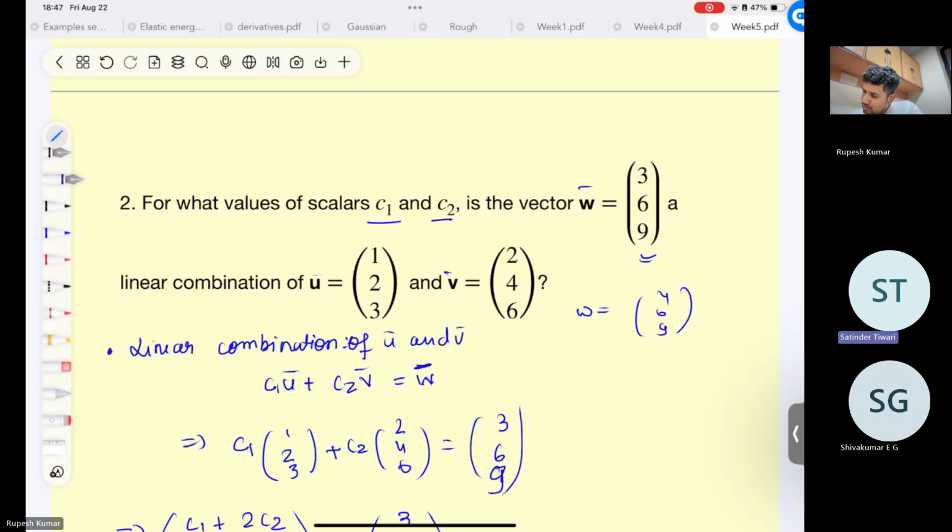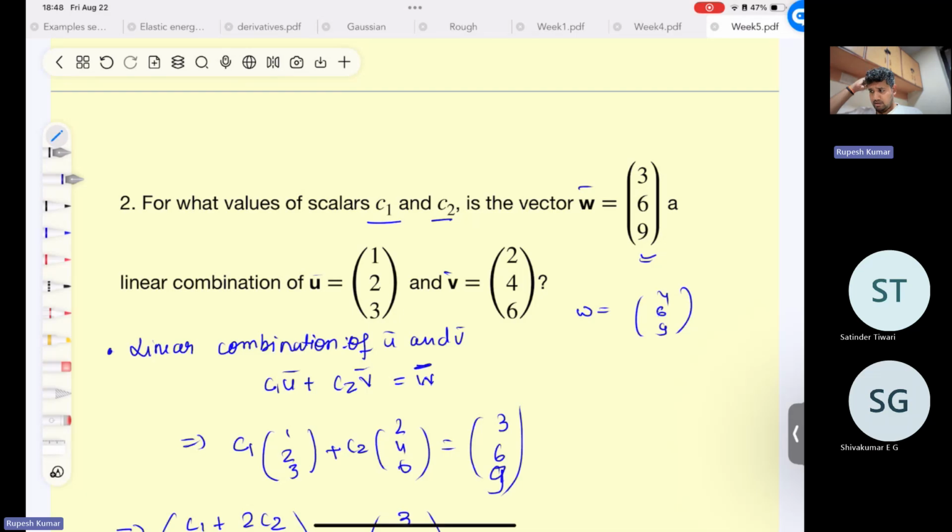Now what I'm observing is that U and V are linearly dependent, meaning they are in a single line. So we can't move to any other vector which is not in the alignment of that line. Since it is linearly dependent, it cannot be expressed as a linear combination. Makes sense. Fine. That's what I'm saying.